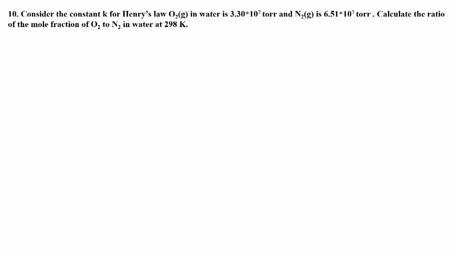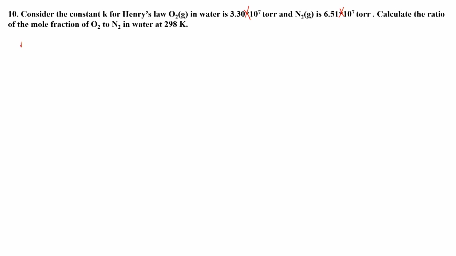Next we move to problem number 10. It says consider the Henry's constant K of O2 gas in water is 3.3 times 10 to the 7 torr and N2 gas is 6.51 times 10 to the 7 torr. Calculate the ratio of the mole fraction of O2 to N2 in water at 298 K. So this is very similar to the previous problem.